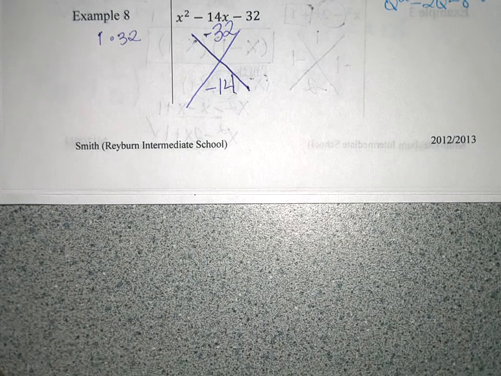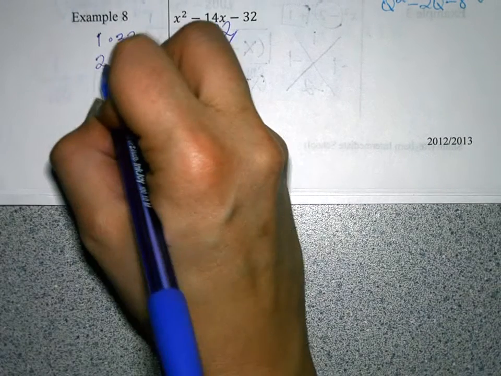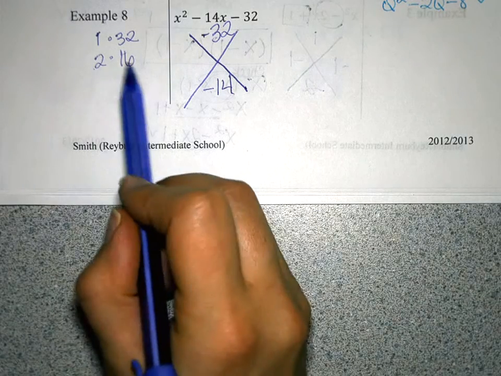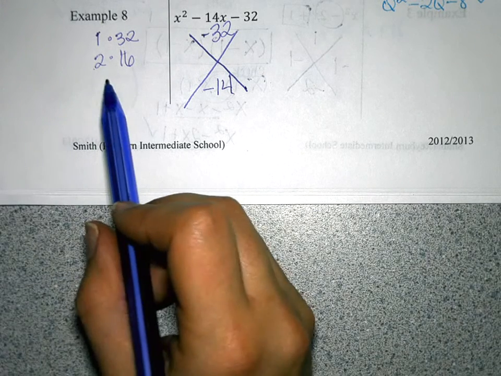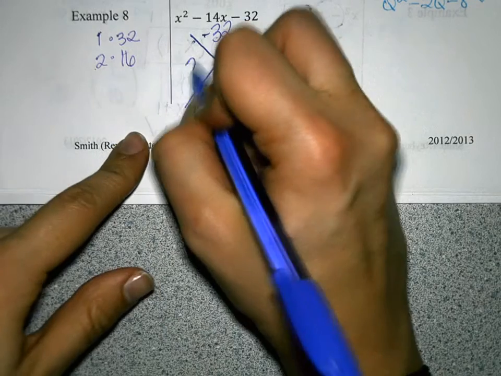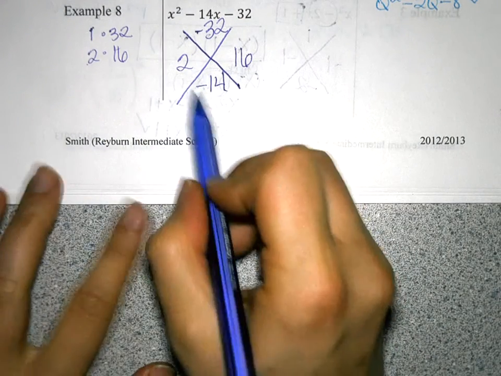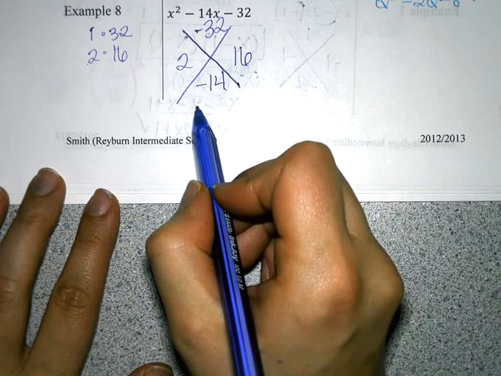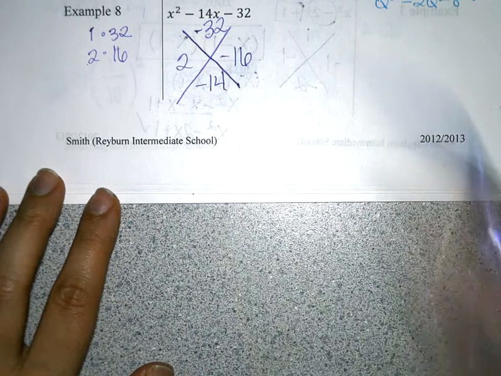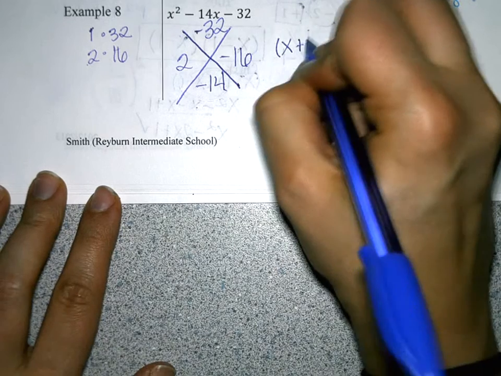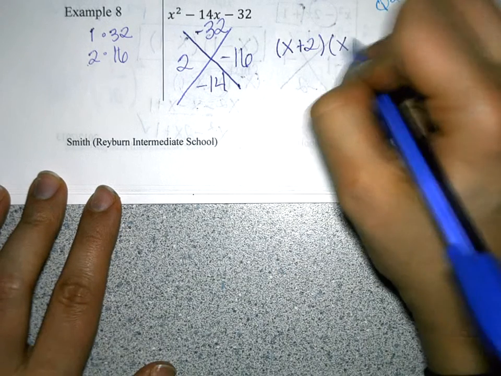We also have 2 times 16. And 16 minus 2 gives me 14, so I think that might work. So we have 2 and 16, but my answer should add up to a negative 14. So I think the 16 has to be negative, the bigger one. So we would have x plus 2 times x minus 16.